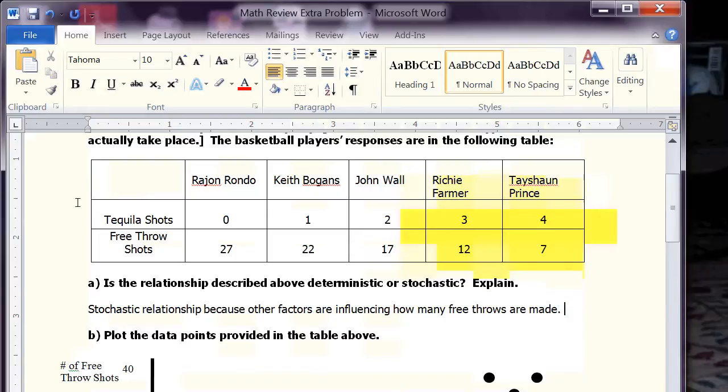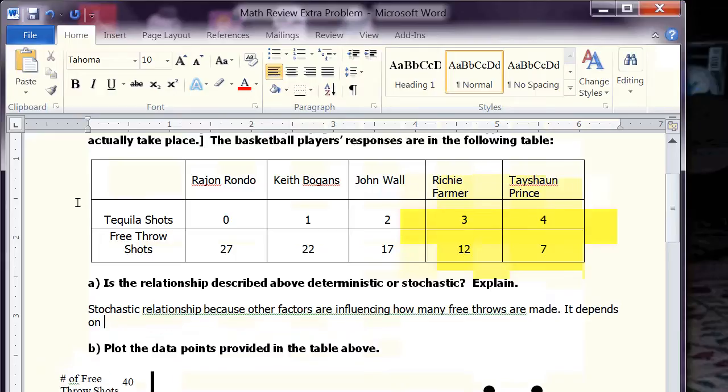So examples would be that it depends on, say, the different player's ability. Even if none of them had any tequila shots, it could be feasible that Rajon Rondo and Keith Bogans still make a different amount of free throw shots. So there's other things that are affecting this relationship.